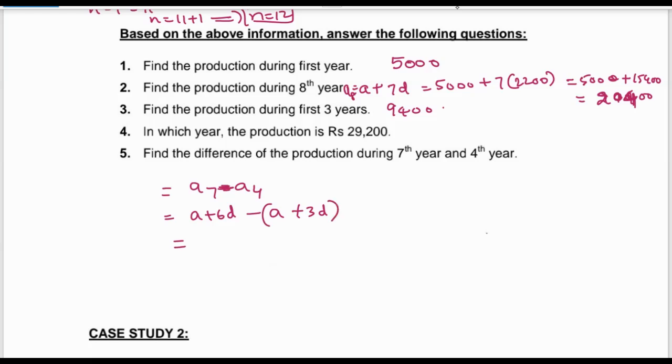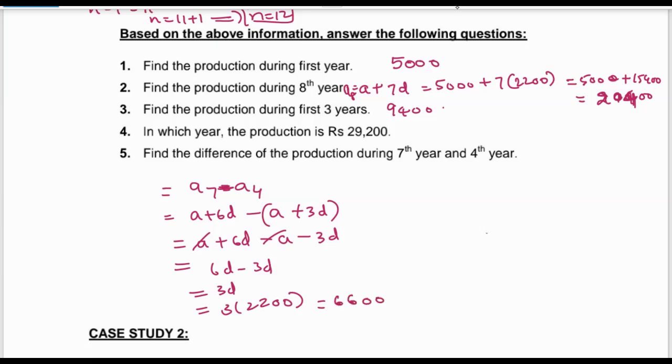That will be A plus 6D minus A minus 3D. A and A get cancelled, so 6D minus 3D will be 3D. So that will be 3 into 2,200, which is 6,600. 6,600 will be the answer for the fifth one.